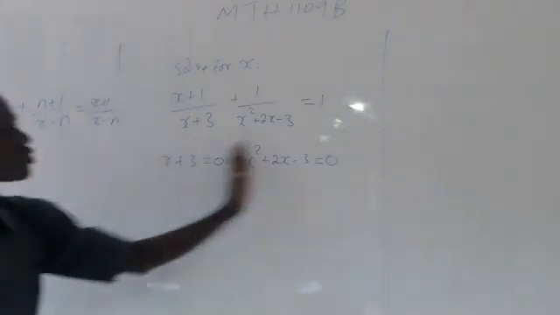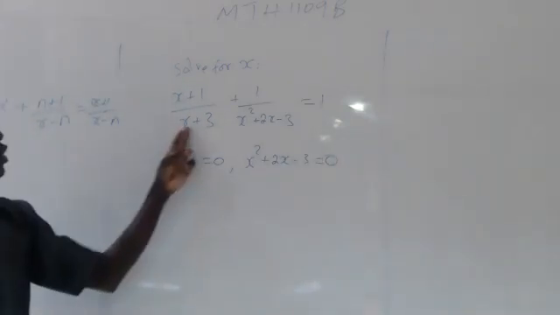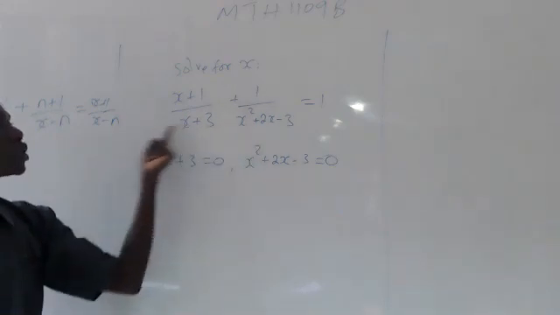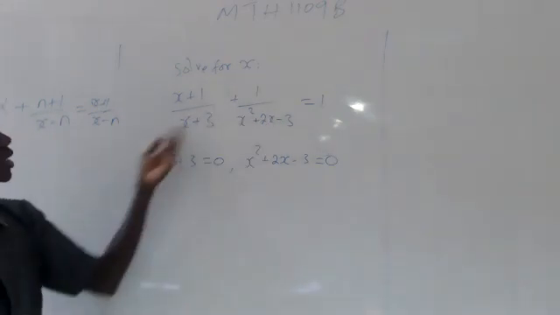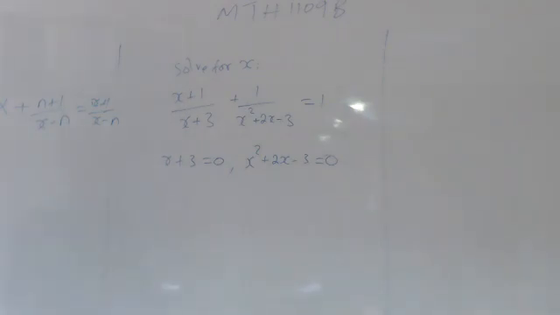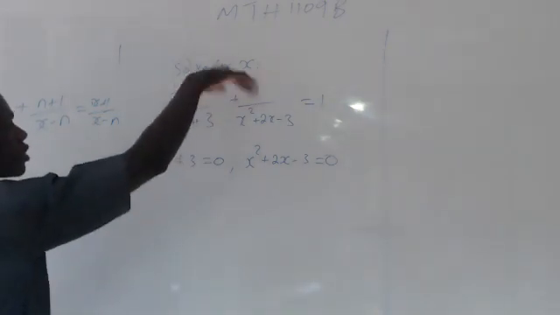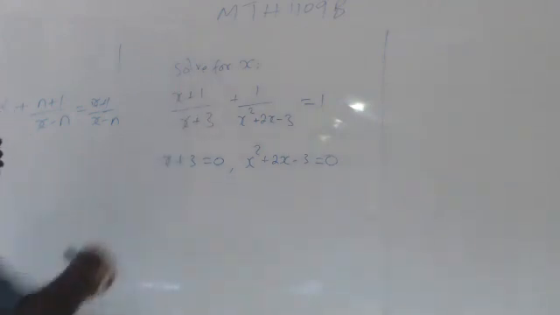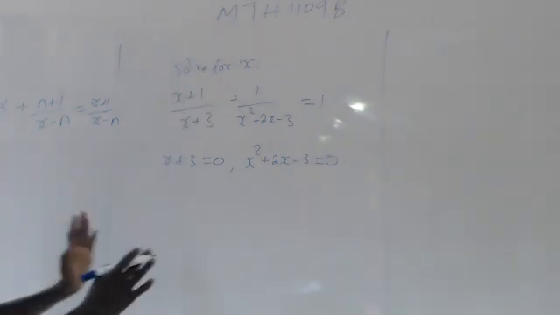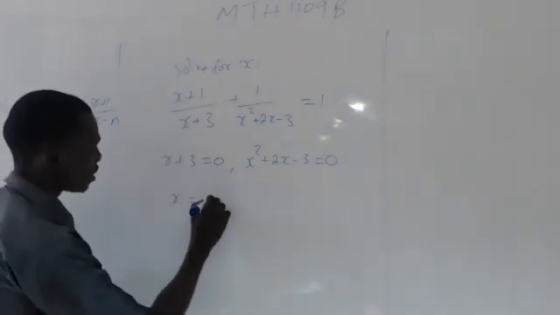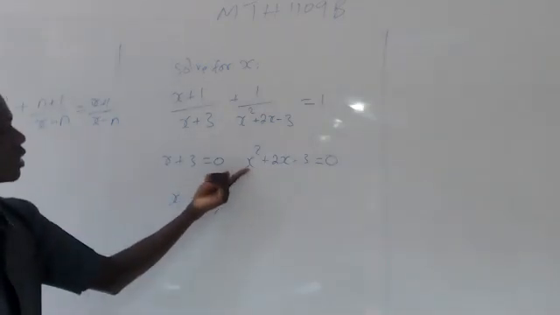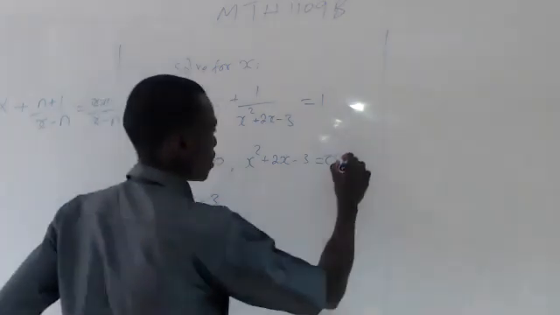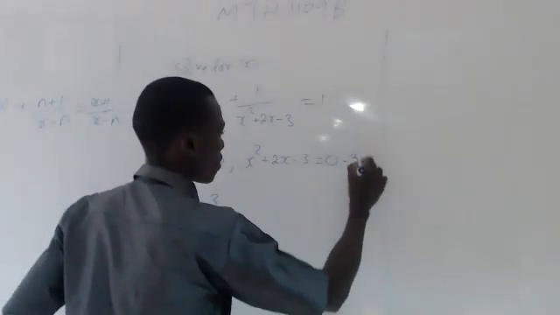So we will restrict the domain of this function to exclude the points which are the zeros of the denominators, okay? So first and foremost, we do not permit the value x is -3. And you can also factor this, look for two numbers whose product is -3 and sum is 2.